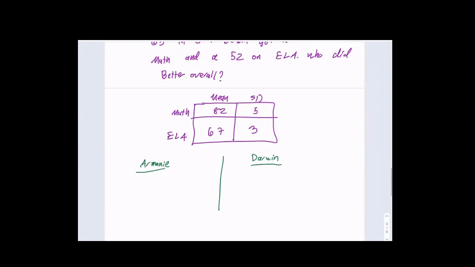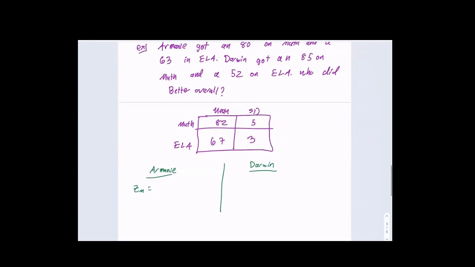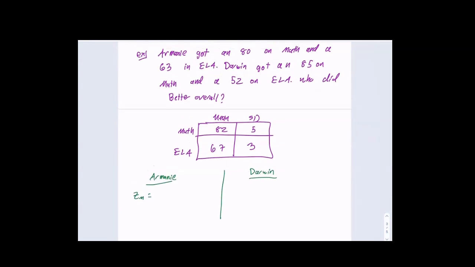Okay, so the first thing we're going to do on this problem is to find the z-score of math for Armani. So what is Armani's z-score? For math or ELA? For math. For Armani.